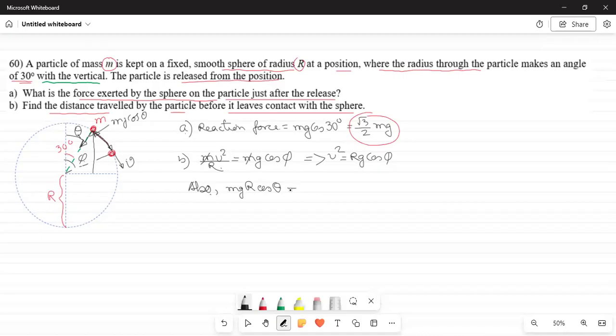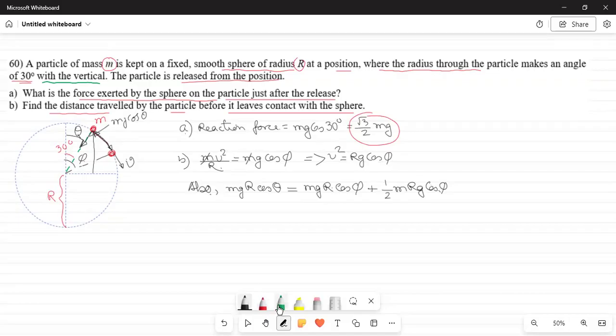Potential energy at the beginning will be equal to potential energy at the end, that means mgr cos phi, plus kinetic energy at the end, that is half m times v square, which is rg cos phi.